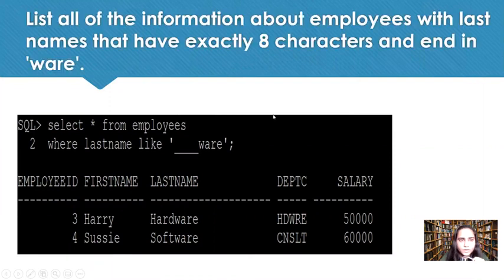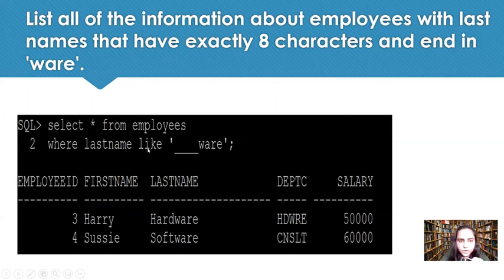So this is my query. List all the information about employees with last names that have exactly 8 characters and end in WARE. So you can see how I have done this: select star from employees where last name like. Now we have to use the keyword like. You cannot use equal to here.